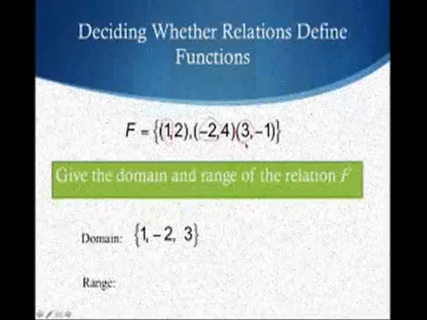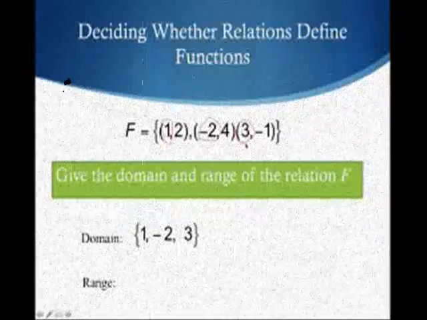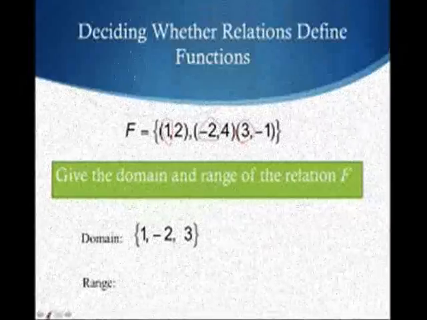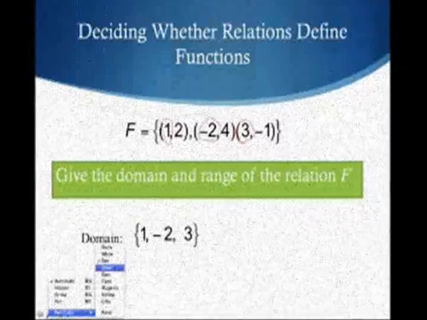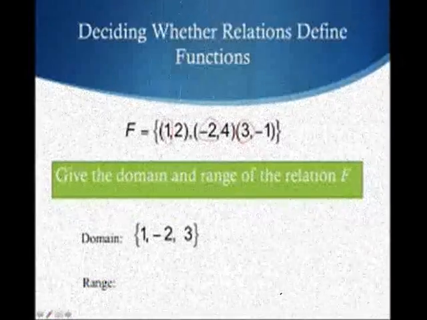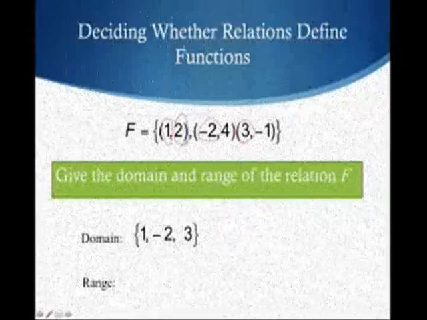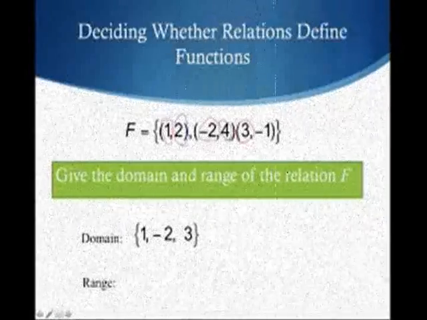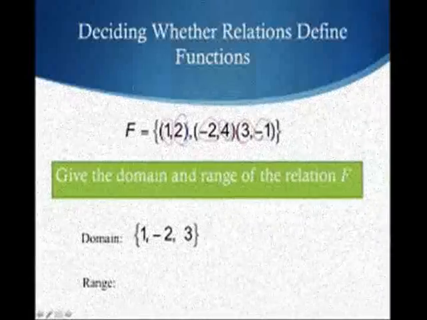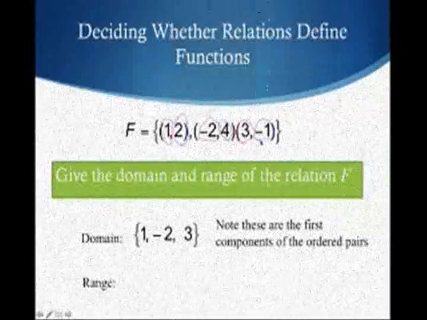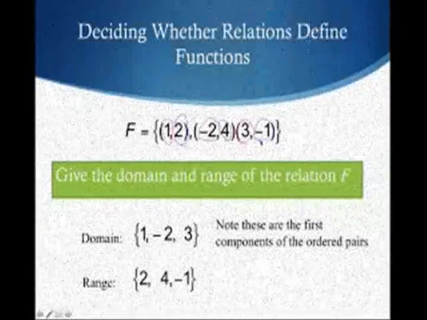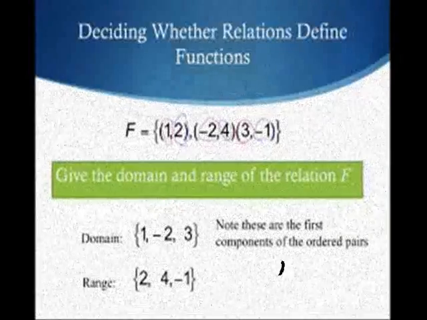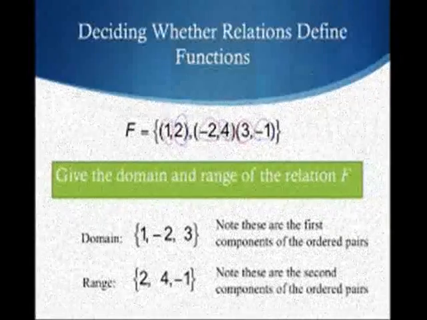And so 1, -2, and 3 is the domain for this relation. What's going to be our range? Well, we have a 2, a 4, and a -1 as our second components. And so I have 2, 4, and -1, as I've circled in blue, as my second components.